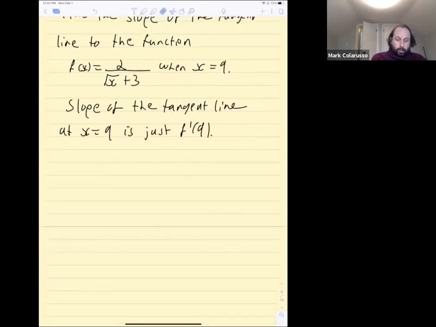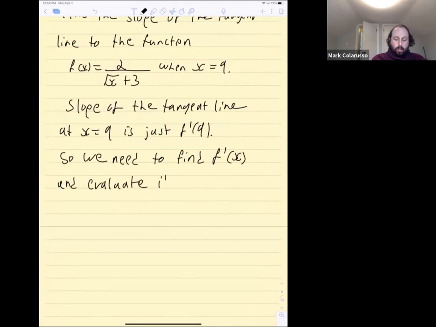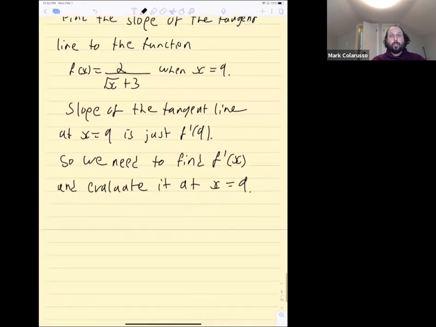So we need to find f prime at x and evaluate it at x equals 9.